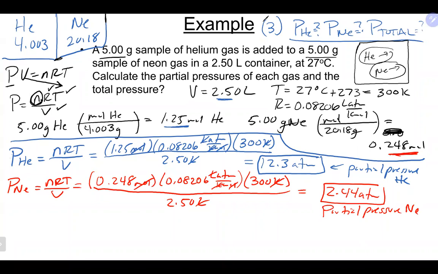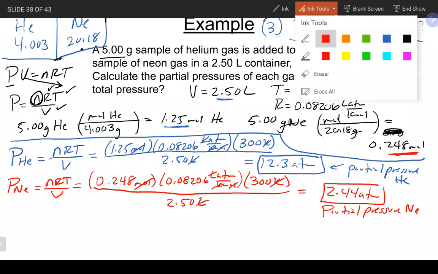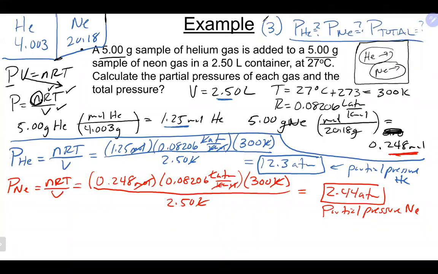Now, if I want the total pressure at this point, how do I get it? We're just going to simply add the two partial pressures together. So our total pressure of this mixture of gases is the pressure from helium, which is 12.3 atmospheres, plus the partial pressure of neon, which is 2.44 atmospheres.